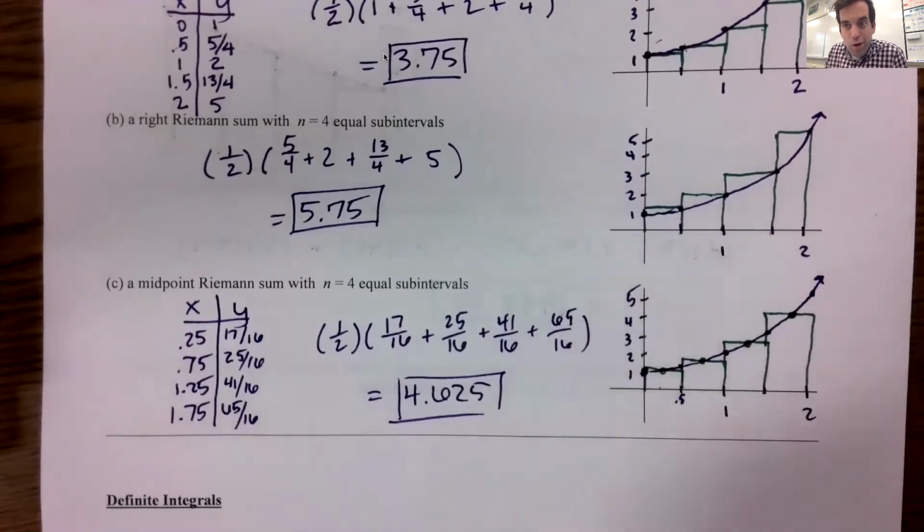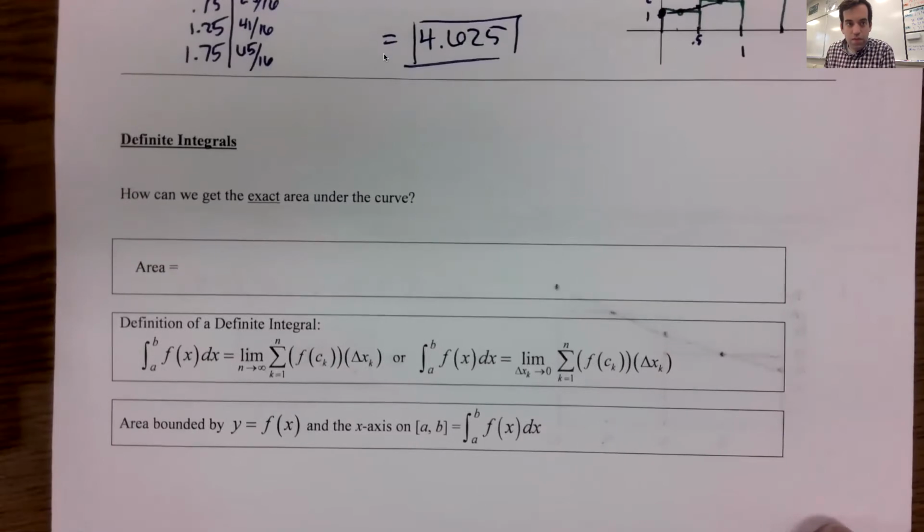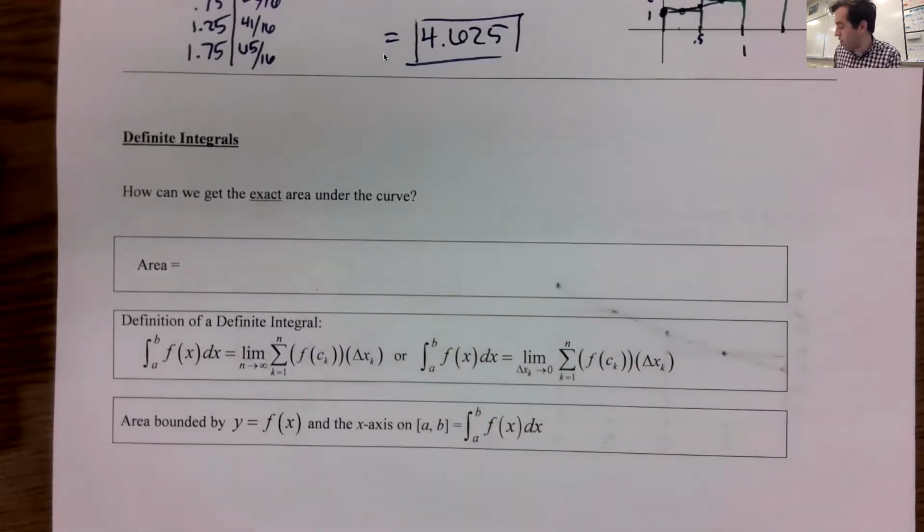So what if we could have bars with areas so small that they had a width of close to 0? If you do that, you're getting into integrals. So that's going to be how we answer this question: how can we get the exact area under the curve?